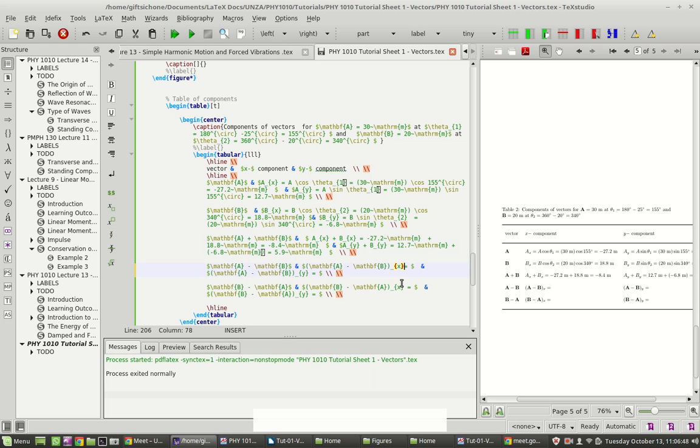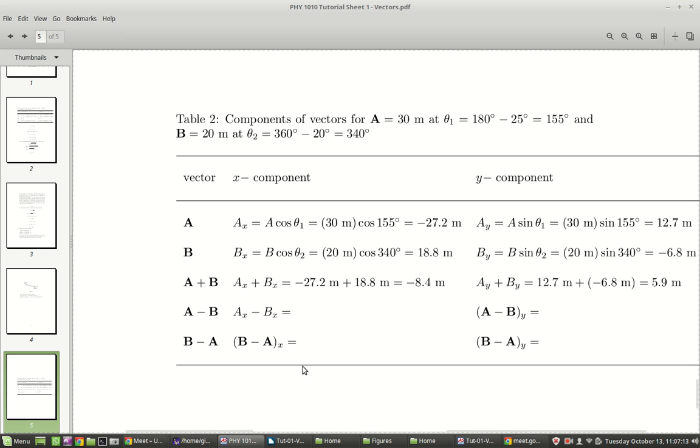So this is going to be how much? The a minus b. How do we get a minus b? It's going to be ax minus bx, I think. Yes, you have to subtract the x components.